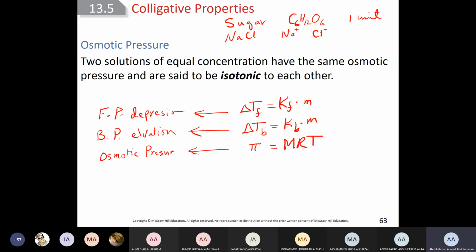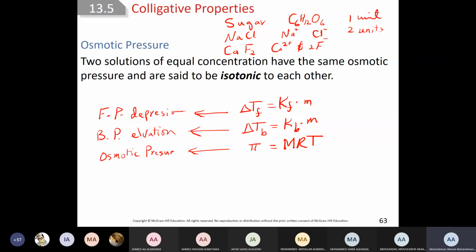That's 2 units. Okay, if we have something like calcium fluoride, it will be calcium 2 plus and not plus, and I will use F minus, 2 of them.